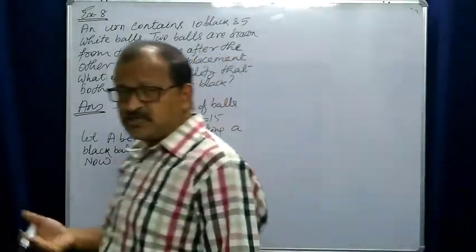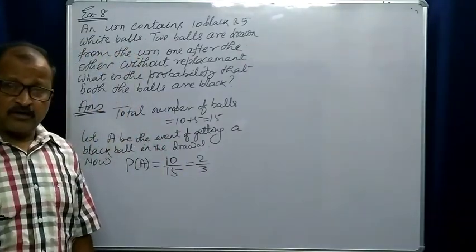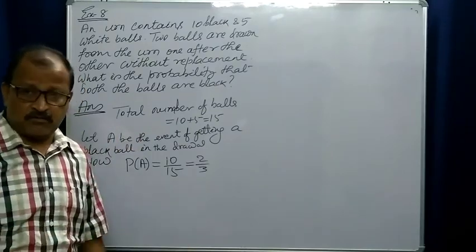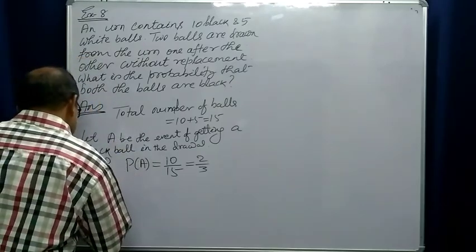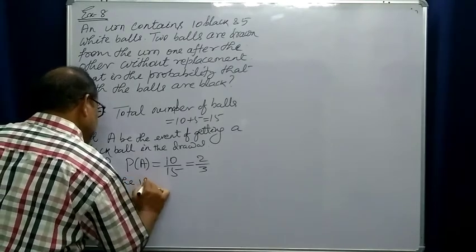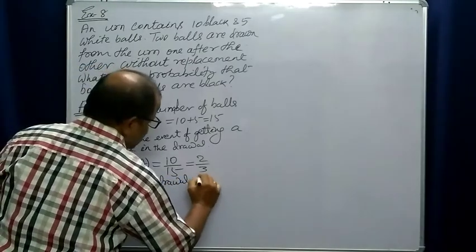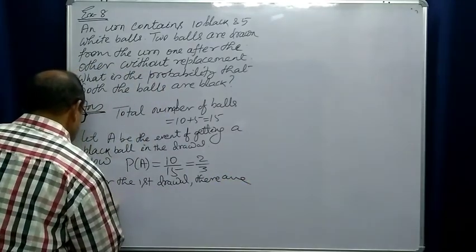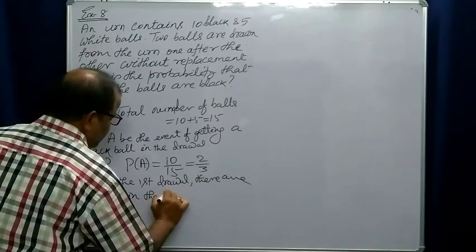Now it is given in the problem that once we have drawn the ball, we cannot replace it in the urn, right? So after the first draw, there are how many balls? 14 balls in the urn.